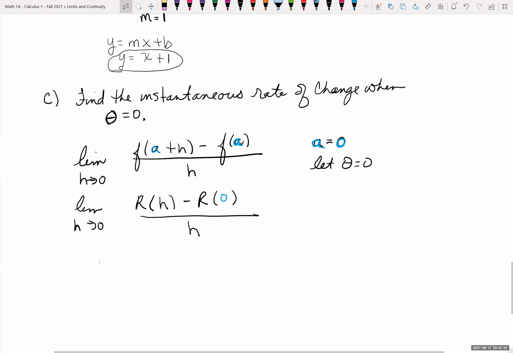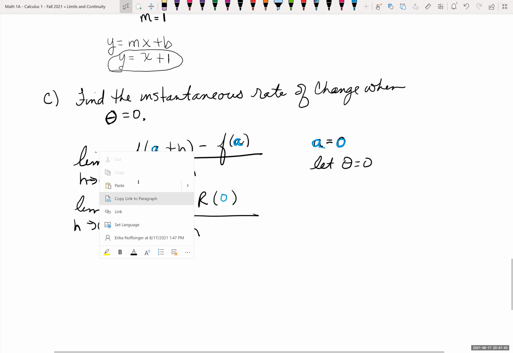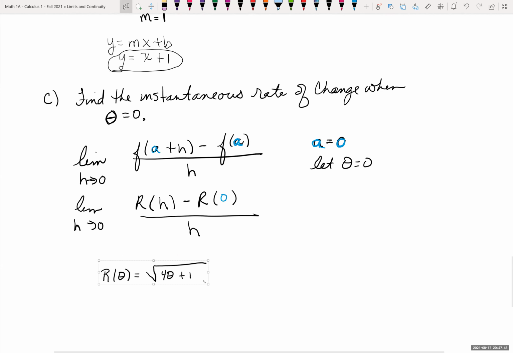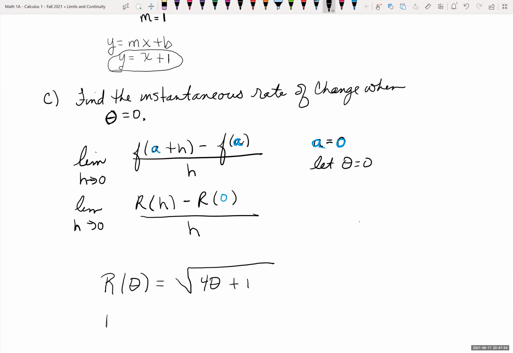If I do this in pieces and look at what r of h is, all that's telling me to do is go into my function, and wherever I see a theta, put parentheses and replace it with what I'm substituting in.